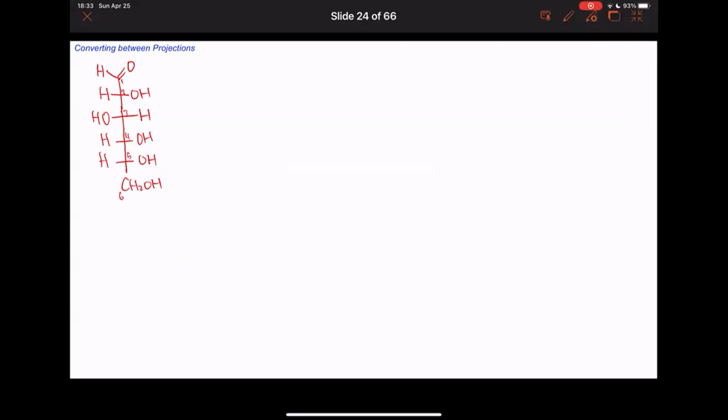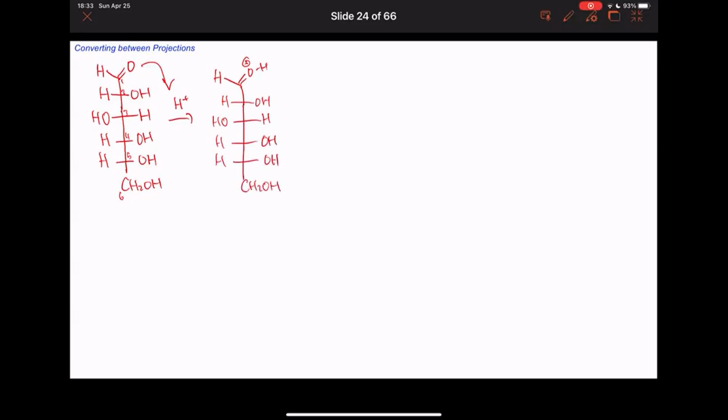And then converting from our Fischer to our Haworth projection requires the cyclization of the molecule. In order for that reaction to occur, I'm going to draw out the mechanism really fast. So you're going to start by protonating right there.